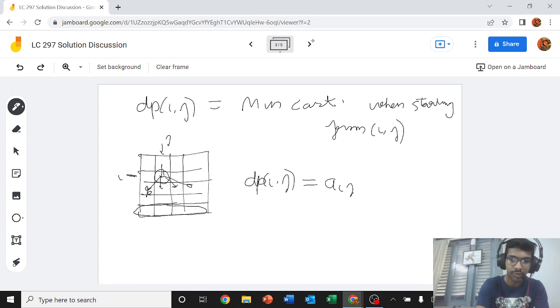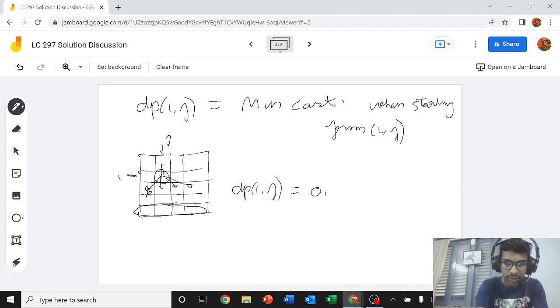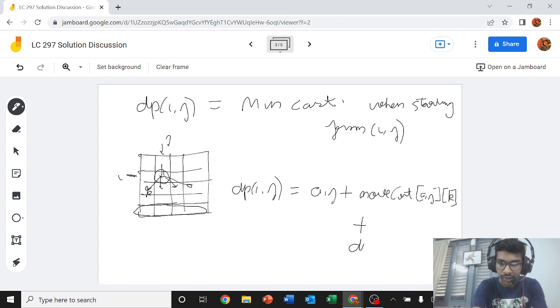DP of I comma j, we are initially at the A I J position, then we are moving to the kth column with a move cost, and after that the remaining part will be calculated by the pre-computed DP state itself.